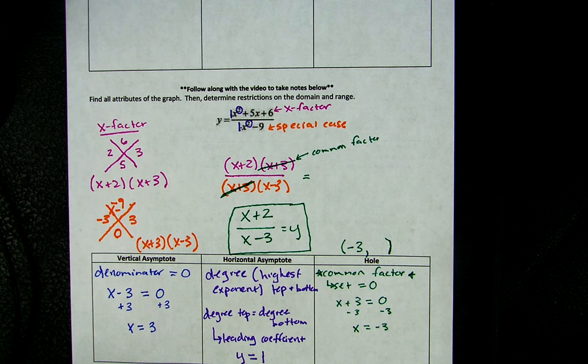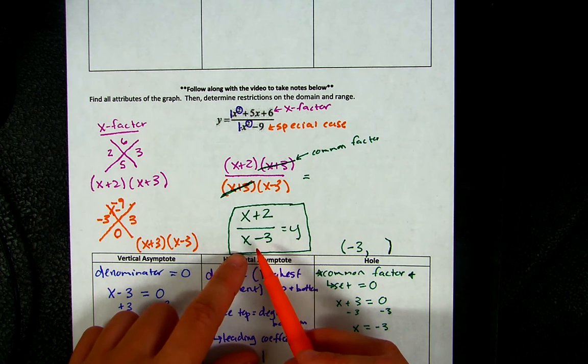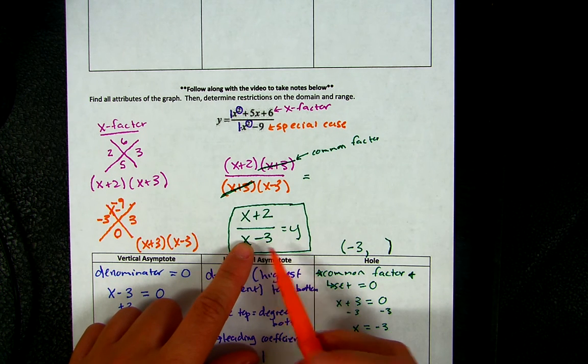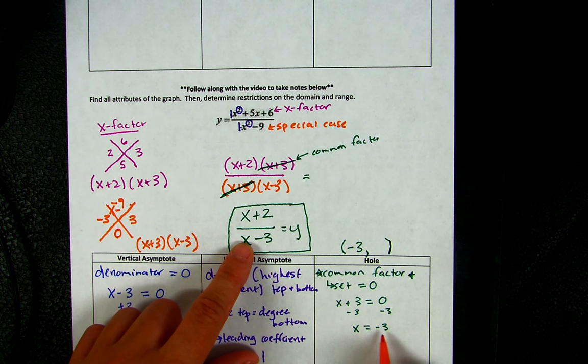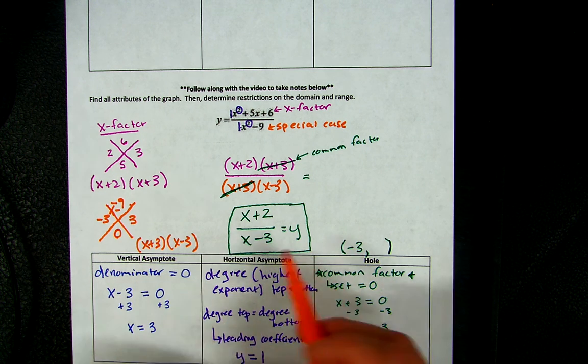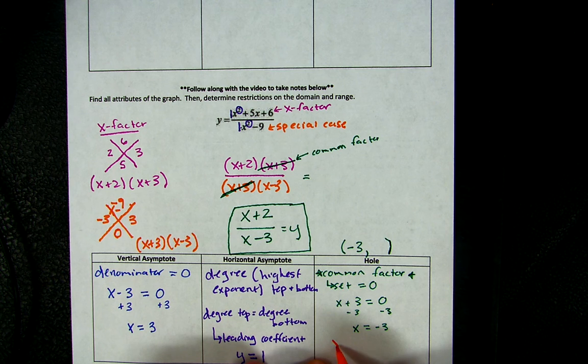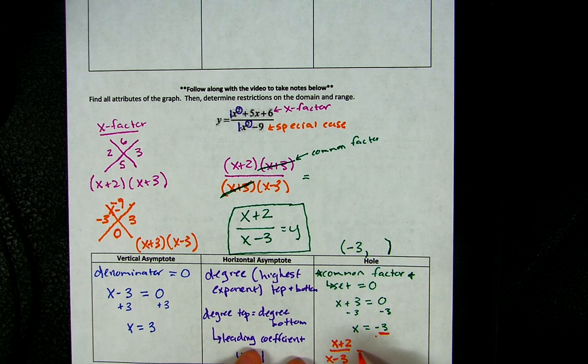To find the y value, you are going to take your simplified function and plug in the value you found for x. So my simplified function is x plus 2 over x minus 3. So I take my x value of -3 and I plug it in anywhere I see x.